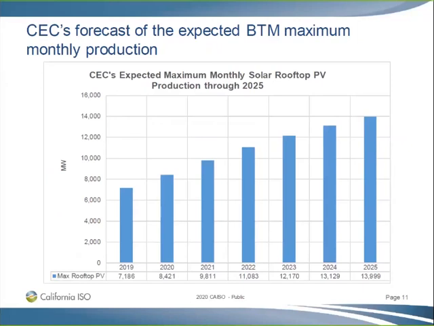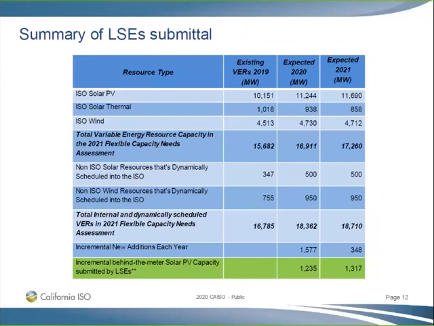Now, slide 12 is a summary of the data that we collect. I showed you the plots previously, but here, if you want to get a comprehensive view, you can see what we had existing in 2019, in terms of solar PV, was 10,151 megawatts, and then what we expect coming in 2020 and 2021.